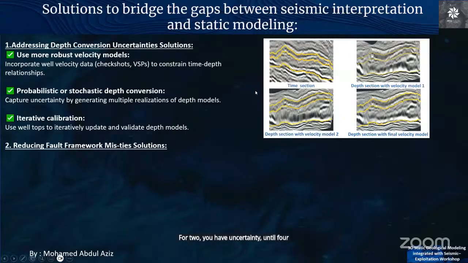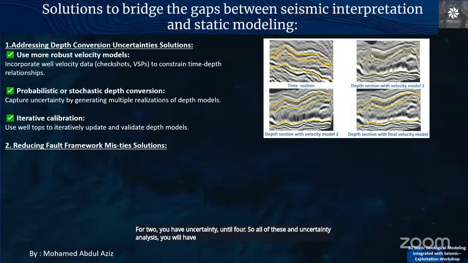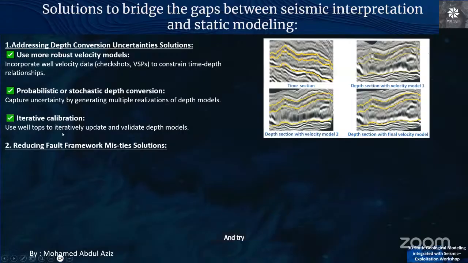So with all of this in the uncertainty analysis, you will have a better choice to judge where the uncertainty comes from, and try to make iterative calibration. So use it iteratively to update and validate depth models. So this is the point of the depth conversion uncertainty solutions.